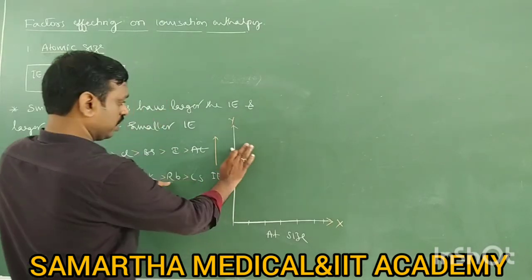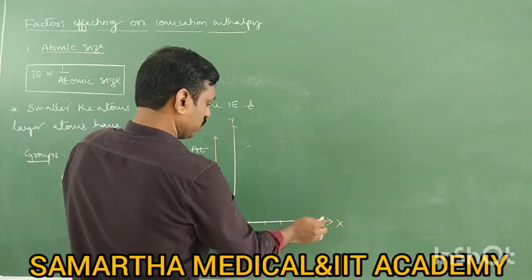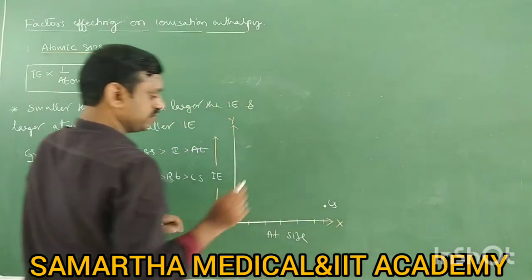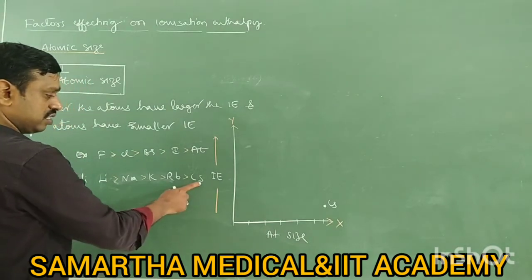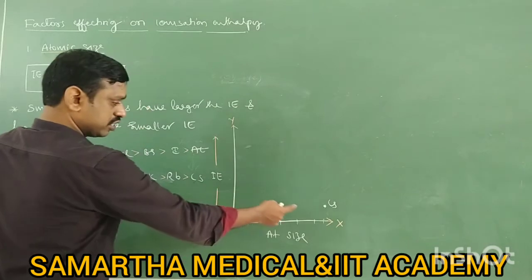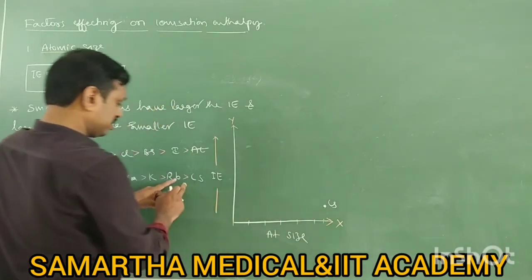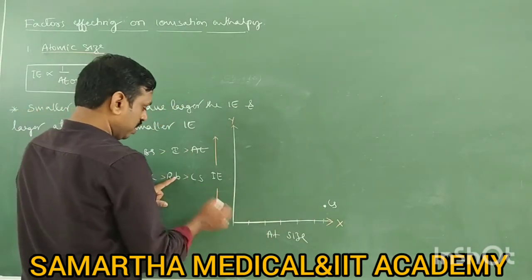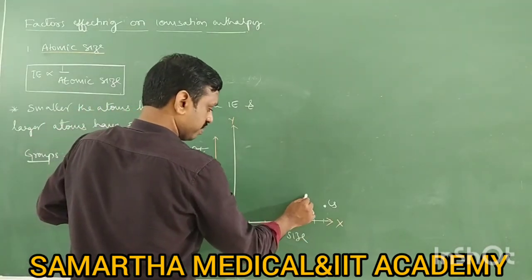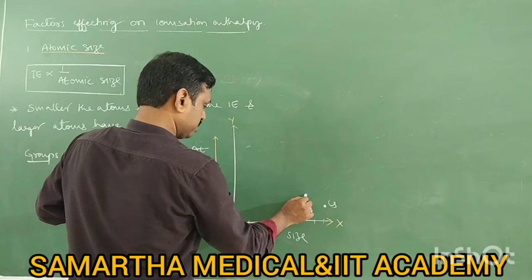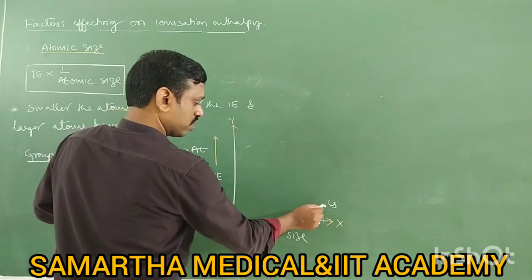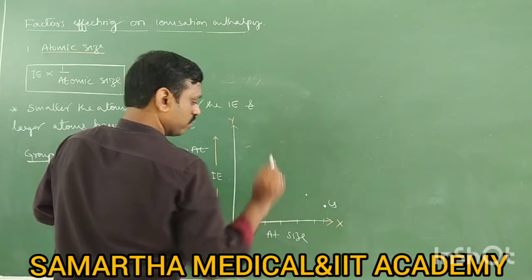Cesium has the largest size, but ionization enthalpy is less. Next, rubidium, atomic size is next highest, somewhere here, ionization enthalpy is a little more.